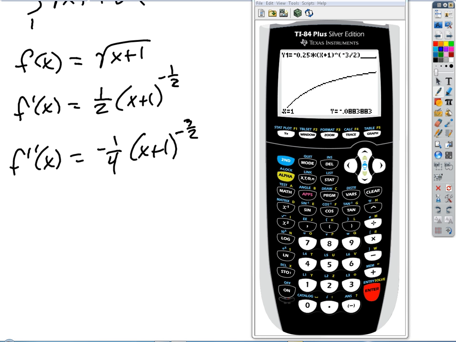If you use errorless numbers until your final calculation, then you can always just round to the appropriate number of sig figs once, and it makes it so much easier and so much better. That is the way to do it, I promise you. So f double prime of 1 is negative 1/4 times 2 to the negative 3/2.